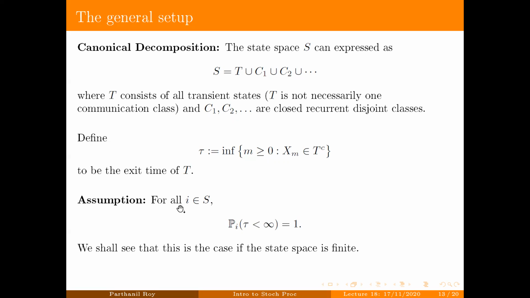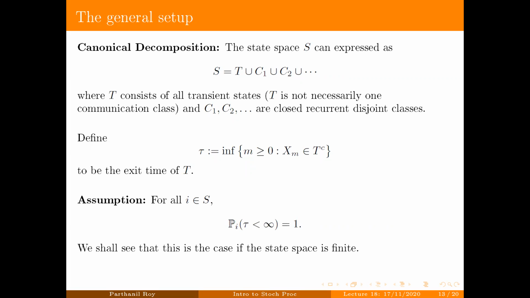By the way, even though I'm writing this assumption for all i in S, if i is already in T complement, then obviously this tau is 0, and therefore this is a trivial statement. So actually, the assumption is for all the i's which are in T. Essentially, the assumption says that starting from any transient state, the chain will eventually hit a recurrent state with probability 1.